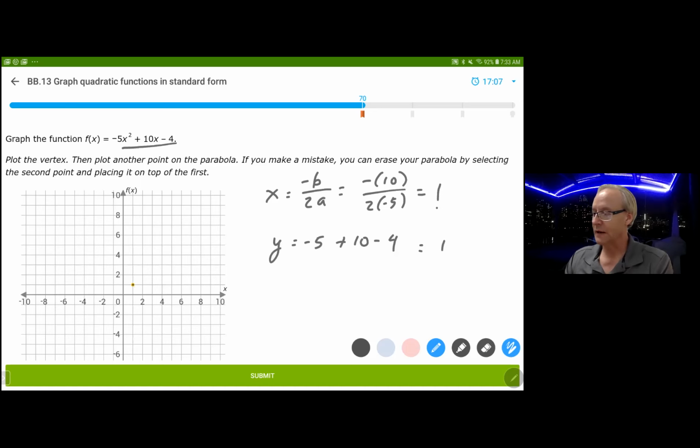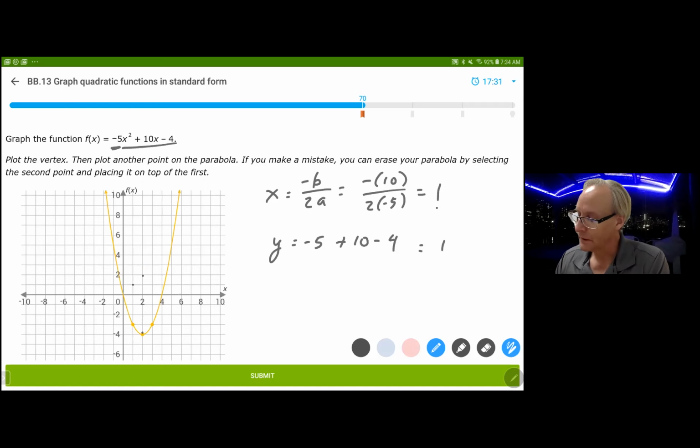Now I'm going to count. 1, 1 would be a normal parabola. So a normal parabola would look like that, but it's being multiplied by negative 5. So every normal point is going to be multiplied by negative 5, which means this point is going to go 1, 2, 3, 4, 5, which is right. Oh, I moved the vertex, darn it.